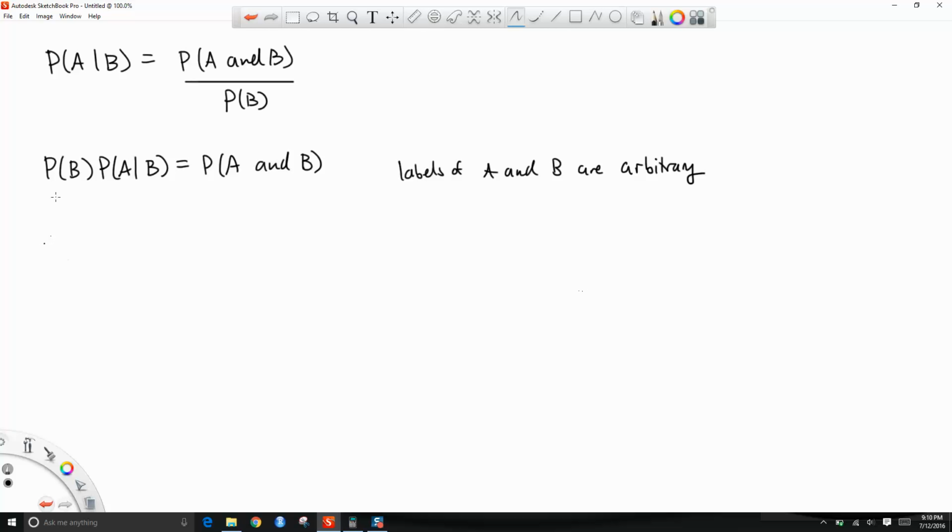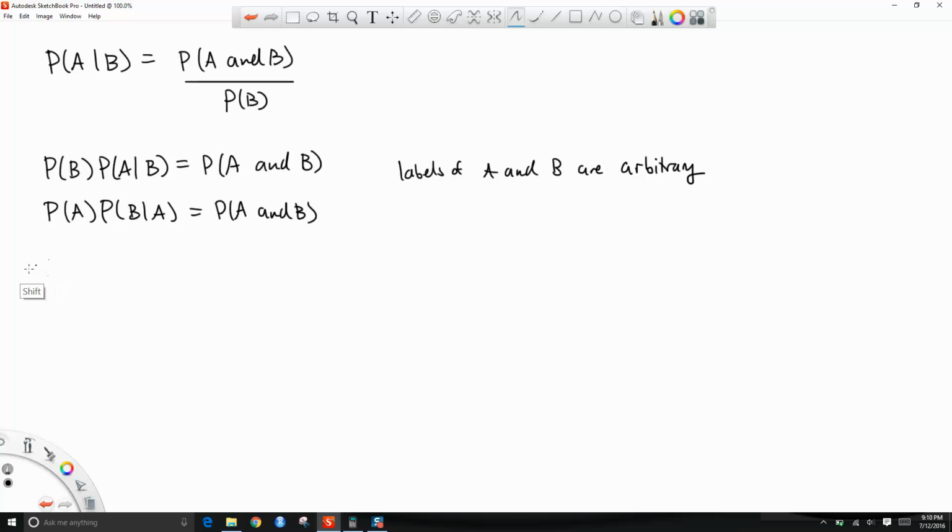And so because they're arbitrary, we can also just flip them around and say probability of A times the probability of B given A is equal to the probability of A and B, okay? So we can also do this. Okay. So this is the multiplication rule.